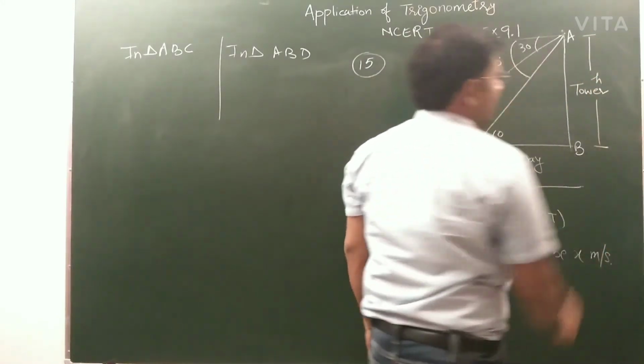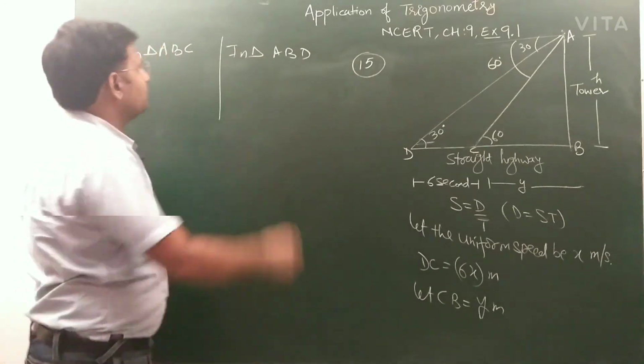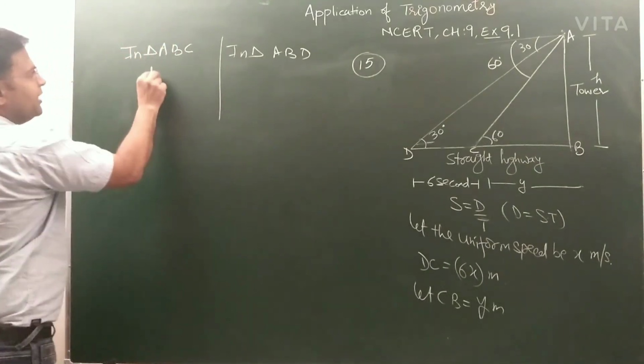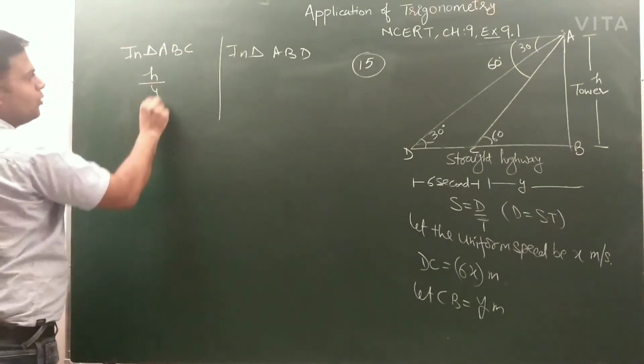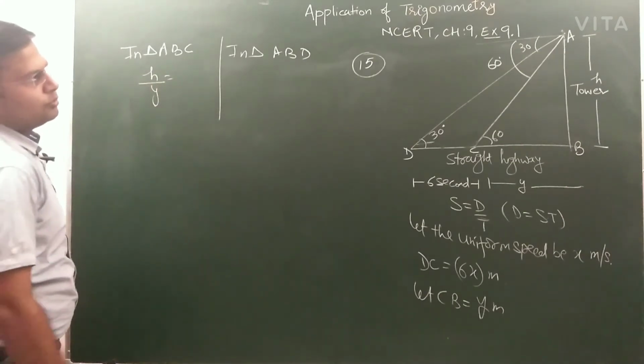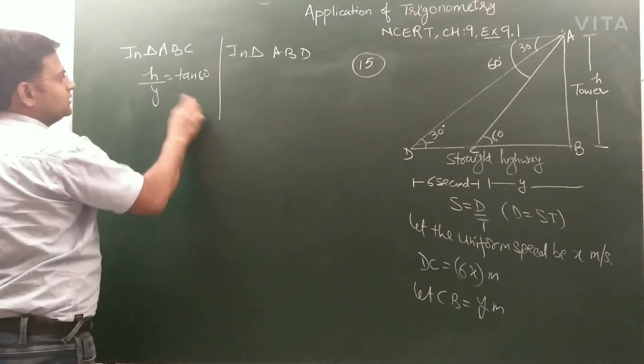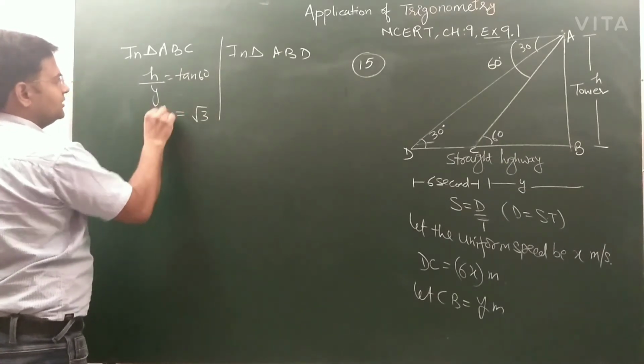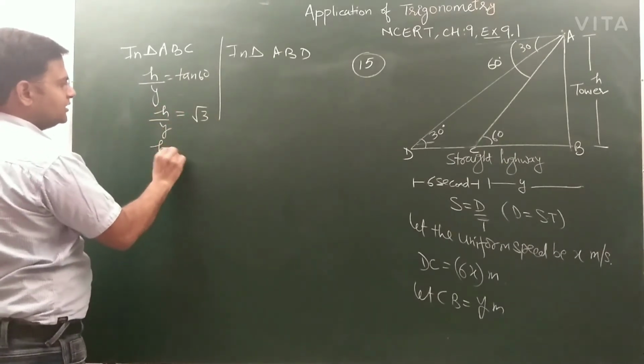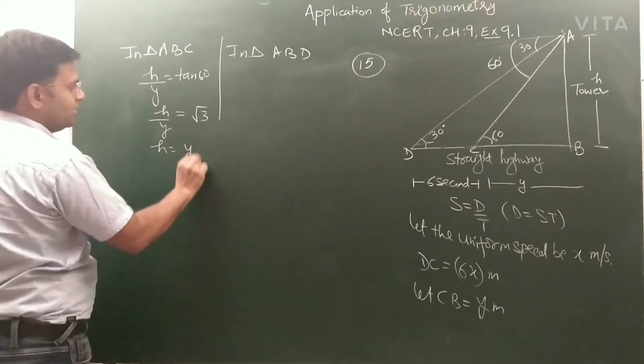Though we have no need to find the value of h, we can use h as the perpendicular. h upon y is equal to tan 60 degree, and tan 60 is root 3. So h can be written as y root 3.